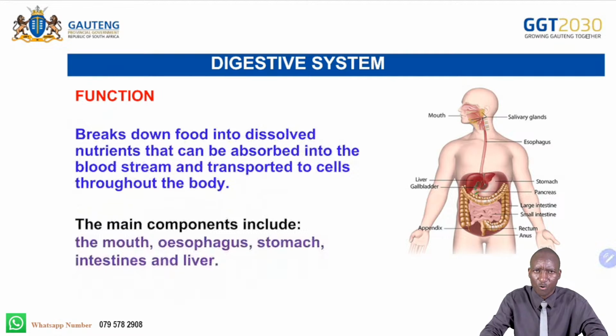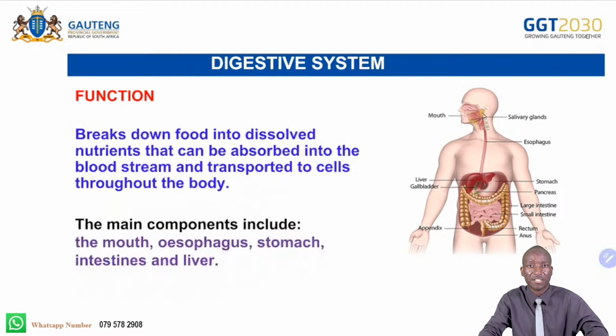Remember that all this begins in the mouth, where you chew and bite food. Then after that, you swallow the food, it goes to the stomach, where digestion continues until the food is taken to the intestines, then it's absorbed into the bloodstream, then transported to all parts of the body. That's how digestion takes place.